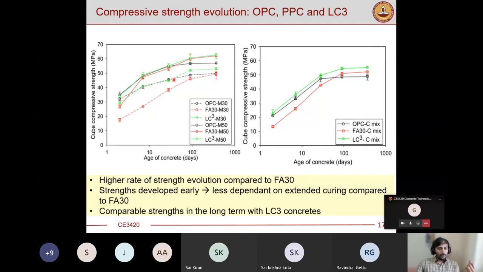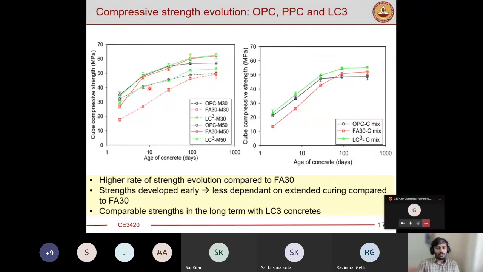You can see OPC and LC3 have almost similar strength development, even higher in some cases at later ages, both in a lower grade concrete as well as in a higher grade concrete. Whereas in the case of fly ash, your strength rises much more slowly and ultimately it reaches a similar point, right? A higher rate of strength development would mean that you can even cure this concrete less.